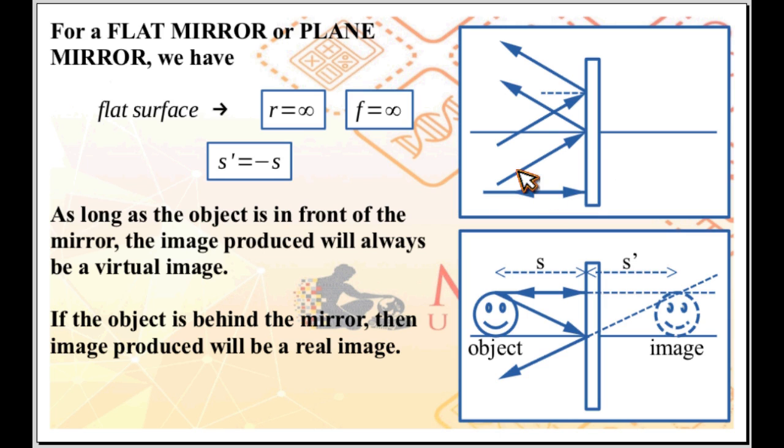Any incident light will be reflected by the mirror according to the law of reflection. If the angle of incidence is 0, the angle of reflection will be 0, and the light will be reflected back the way it came. And if the angle of incidence is theta, the angle of reflection will also be theta.